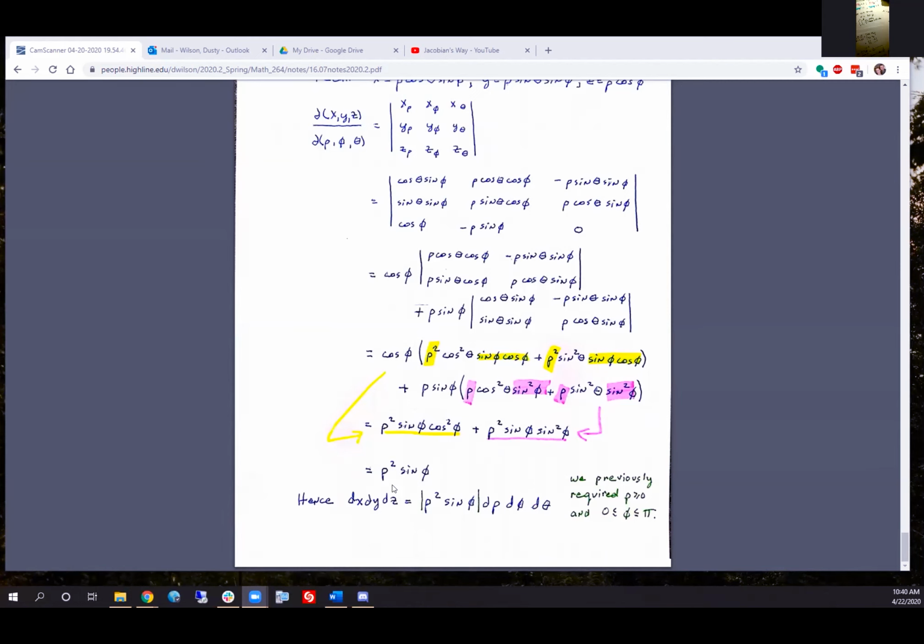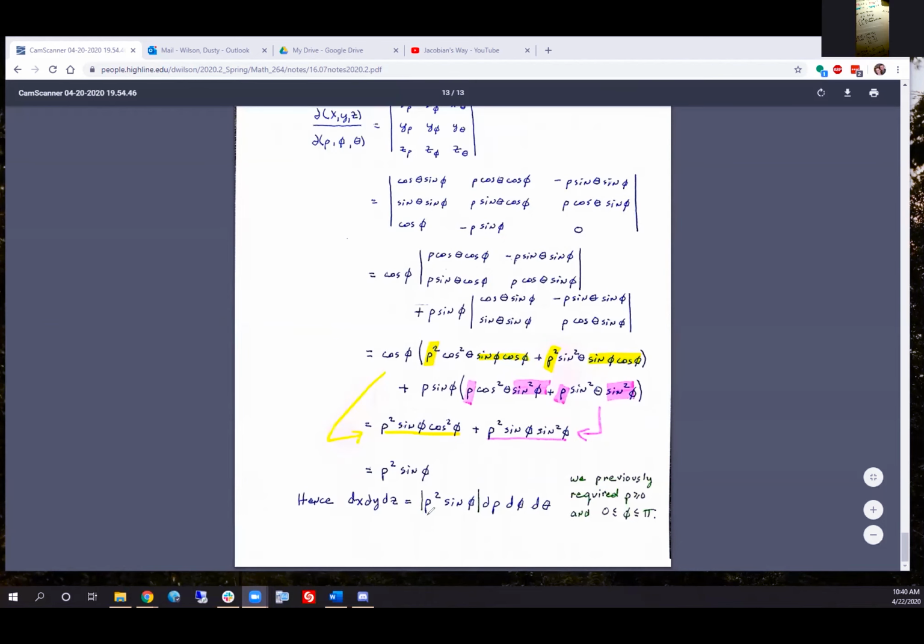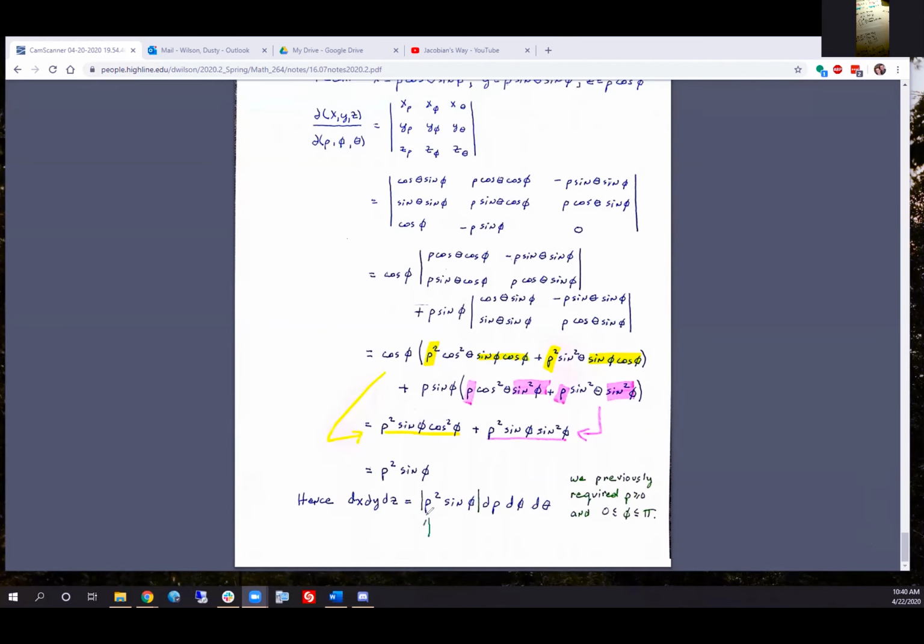We could explain that scaling factor going from rectangular to spherical coordinates geometrically. That's what we did in 16.5. Or we could explain it by making a reference to the Jacobian. Remember, the Jacobian here has no absolute value, but we need an absolute value in our scaling factor. Rho squared will always be positive because squares posify everything.